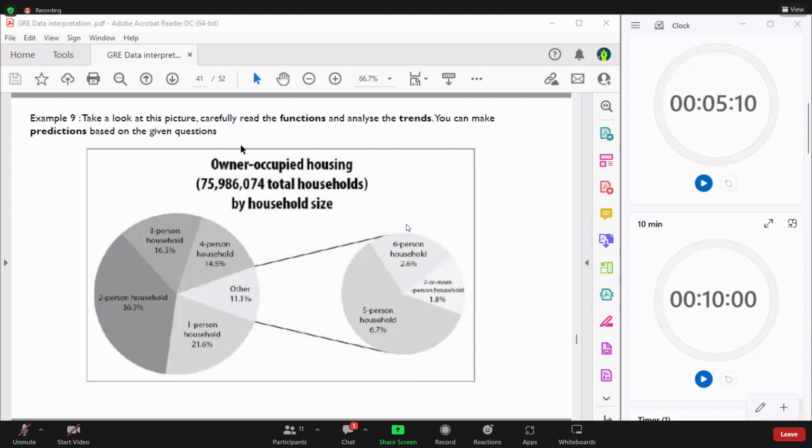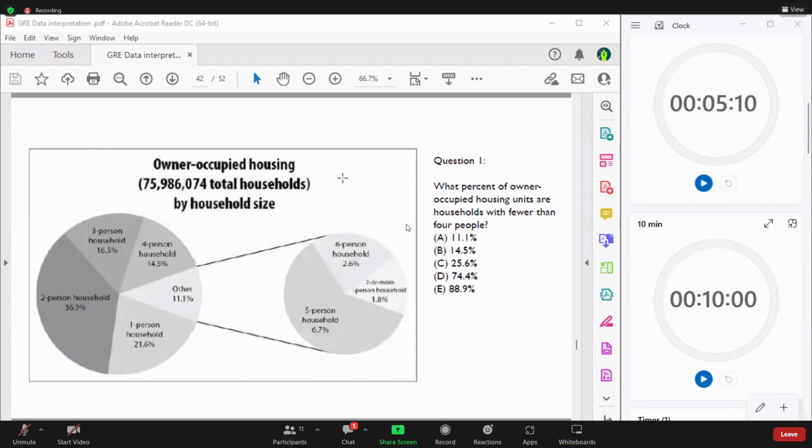Then we have this. Take a look at this picture. Carefully read the functions and analyze trends. What is the percent of owner-occupied housing units or households with fewer than 4 people? Just add the 2, 3, and 1 person households.